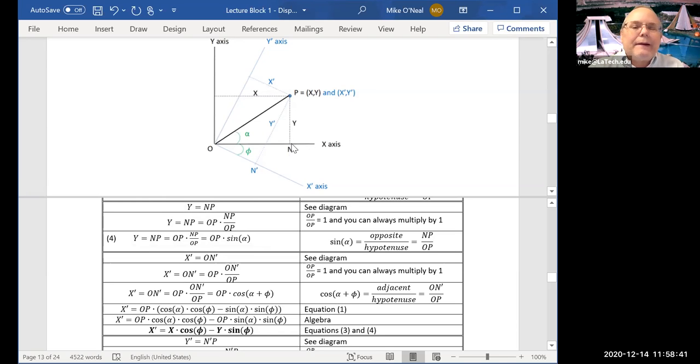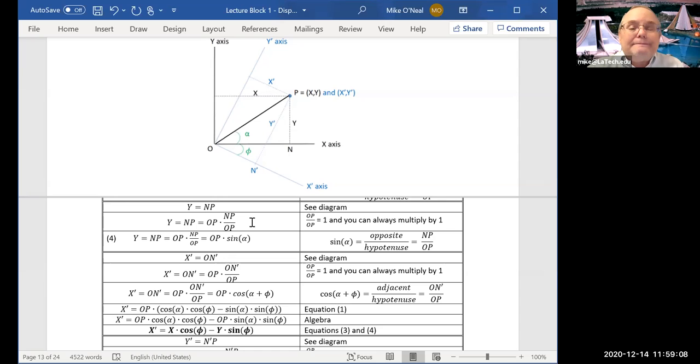They're the same thing. See the diagram. Again, you can say that Mike is crazy, but he could multiply NP times 1, where he casts 1 as OP over OP. And if you do that, you can rewrite NP as OP times NP over OP. All I did was multiply by 1.